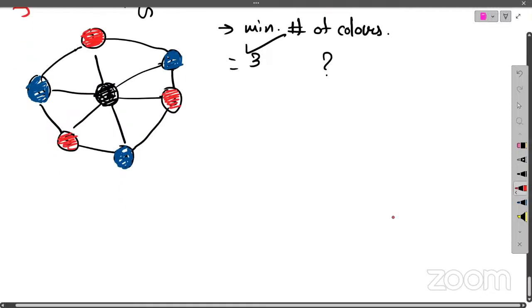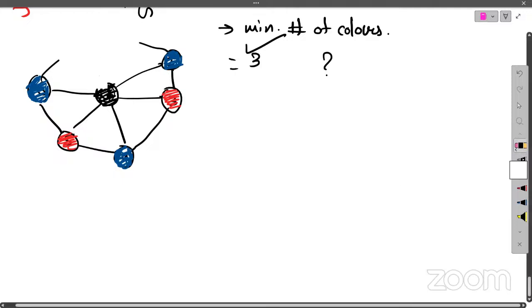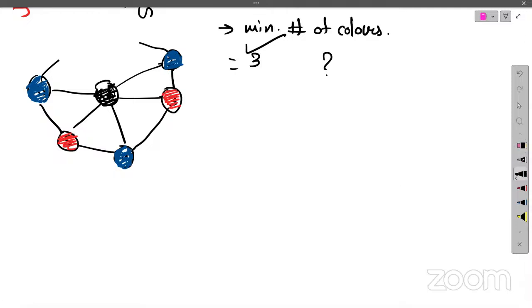Now suppose here, in place of 7 vertices, I have 8 vertices. Suppose there is a vertex number 7 here, and then there is a vertex number 8 here. Then what will be the minimum number of colors we need? 5, I guess. Sure.